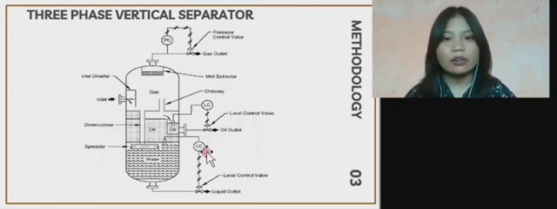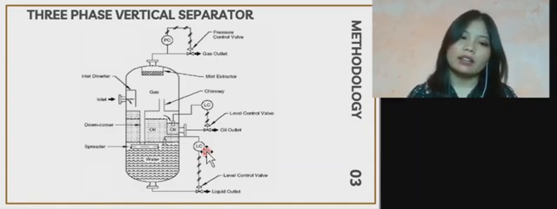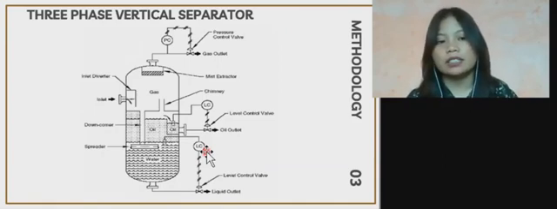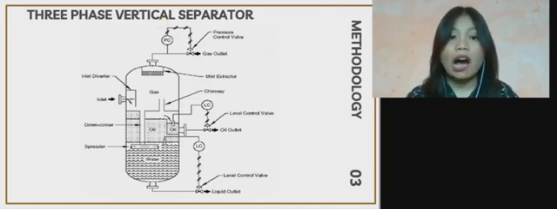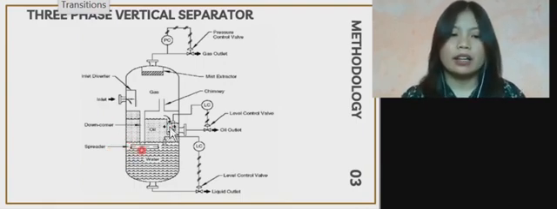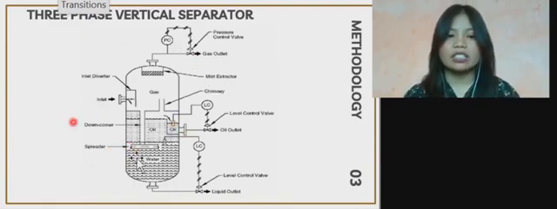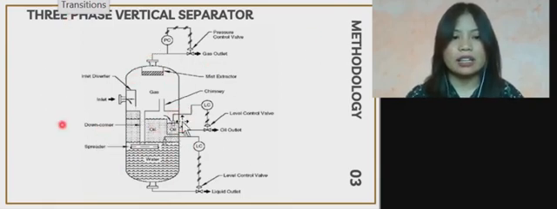Just like I said just now, vertical separators are much more complicated than horizontal separators, especially the three-phase vertical separator. There's a lot going on inside this separator. So how does it work? As you can see, it is quite different from the other three types, as there are additional components inside here.